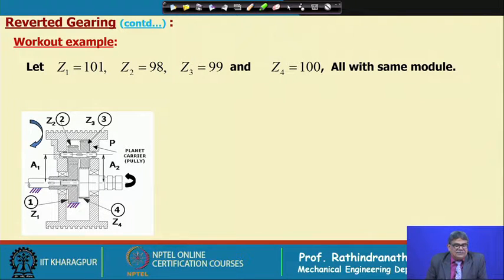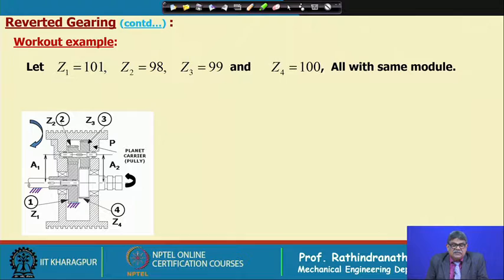We have taken the teeth number of pinion 1 as 101, then planet pinion or pinion 2 as 98. As you find, the difference is 3 only in this case, and Z3 we have taken 99 and Z4 we have taken 100.